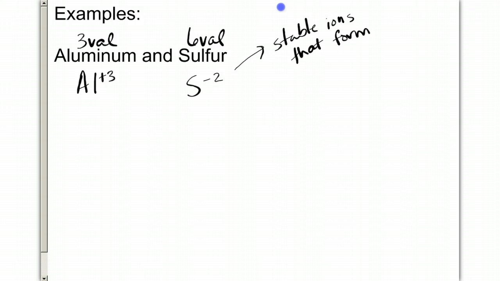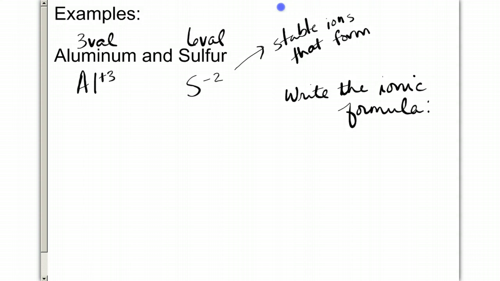Now I want to determine, or write, the ionic formula. So aluminum has 3 valence, 1, 2, 3, and sulfur has 6 valence, 1, 2, 3, 4, 5, 6.